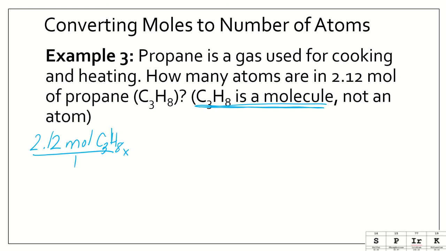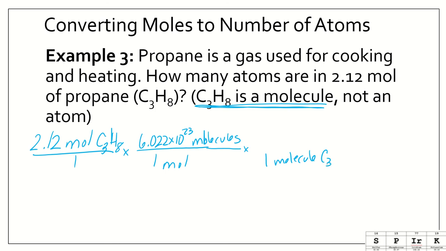So here we have 1 mole is equal to 6.022 times 10 to the 23rd molecules, because remember it can change, just like a dozen donuts is a dozen as well as eggs. And then within 1 molecule, yes, you have to write out molecule of propane, there are 11 atoms.